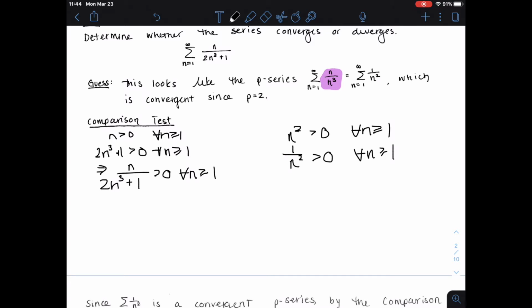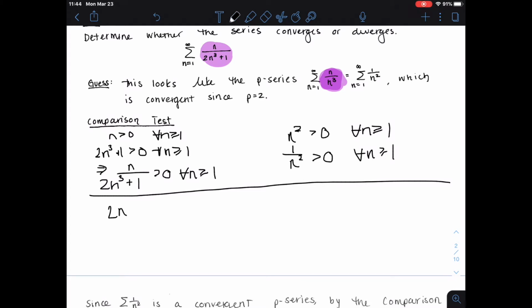Now, since I know the thing I'm comparing it to is convergent, I want to show our terms are smaller. So the second part of this we want to show is we want to make a comparison between our terms and these other terms. First we're going to look at the bottom.